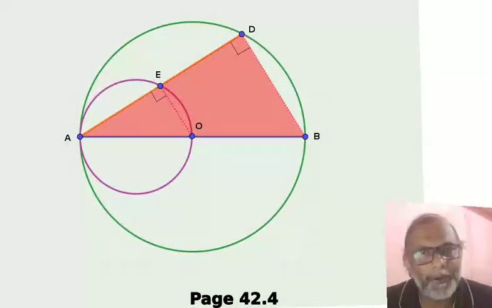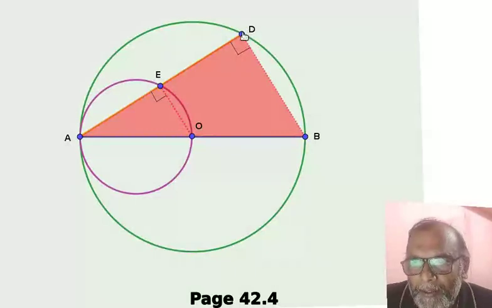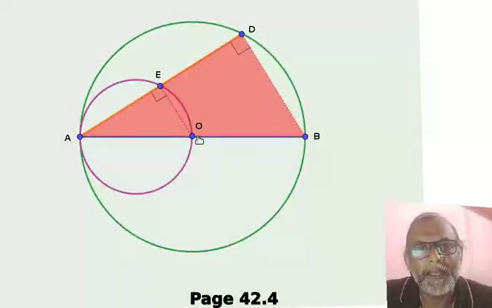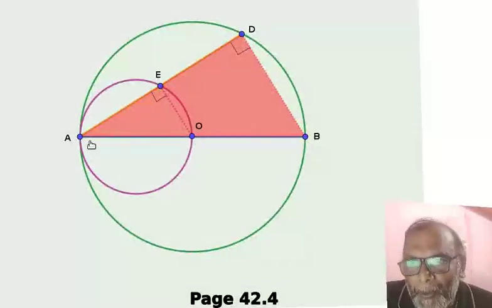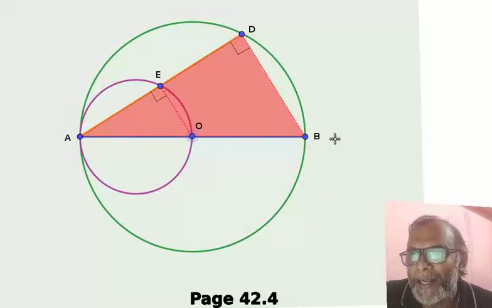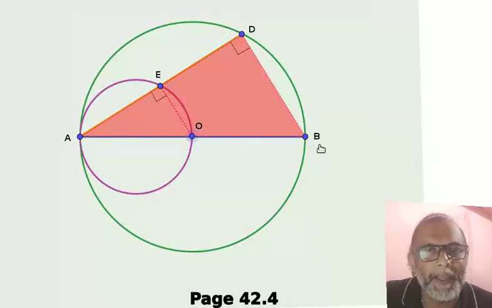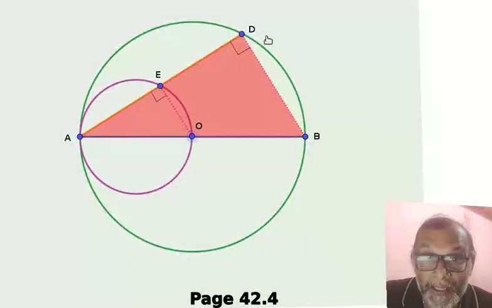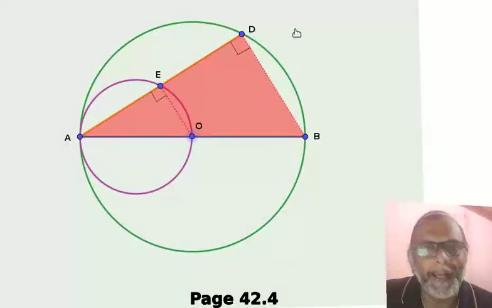So this is the side of the triangle, and EO is the parallel line which passes through the midpoint of the second side of the triangle, AB. Okay, so this line also will bisect the third side of the triangle, that is, the point E is the midpoint of the line AD.